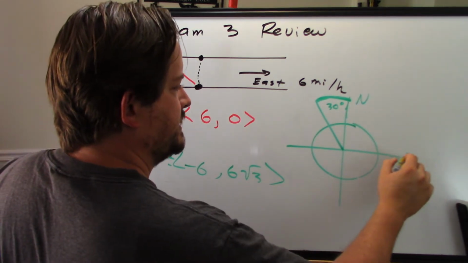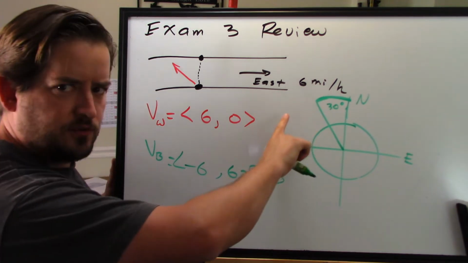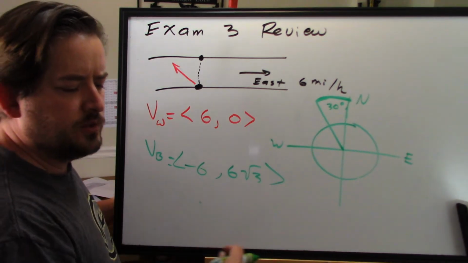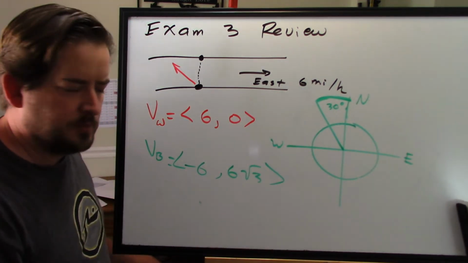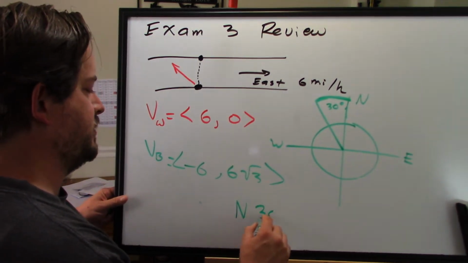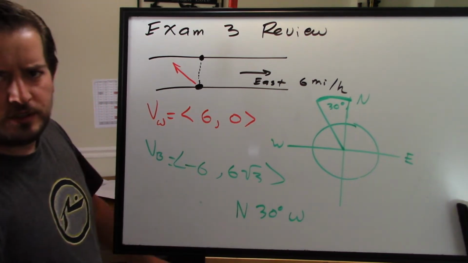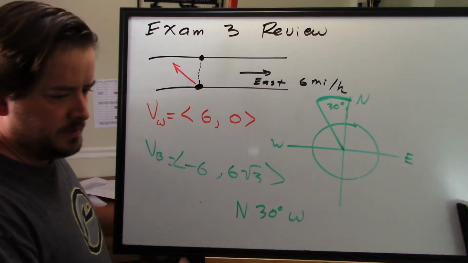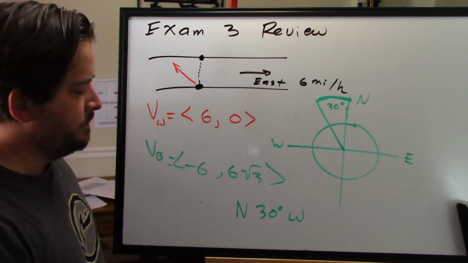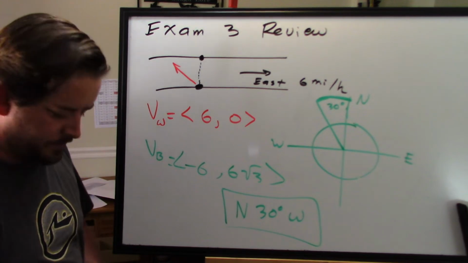If this is east, then this is west, right? So what it really is is 30 degrees west of north, and in bearings, which you'll see in airplanes and ships and things like that, they'll write it as look north, but then turn 30 degrees to the west. And so that's the same thing. But if you're taking my test and you write 2 pi thirds, that's what I'm looking for, right? If you want to go be a sea captain, that's what you're looking for.